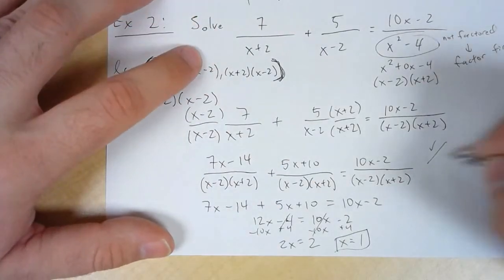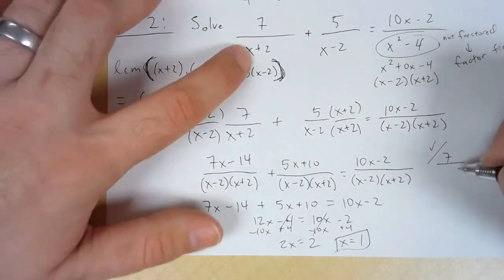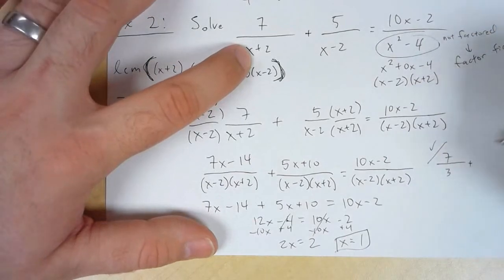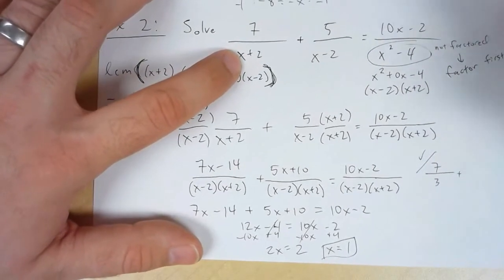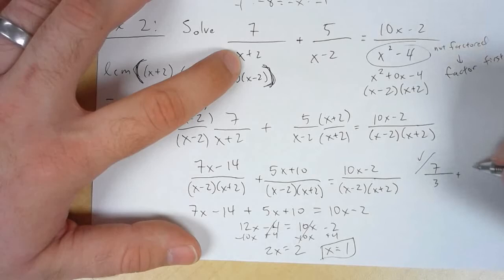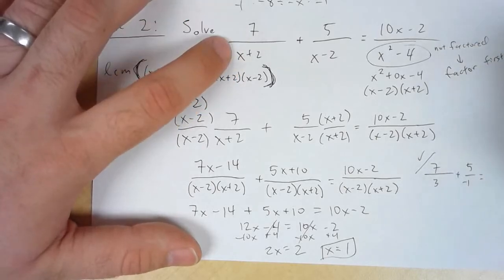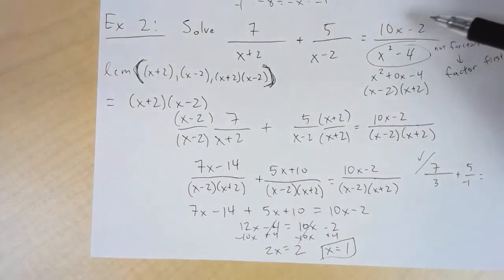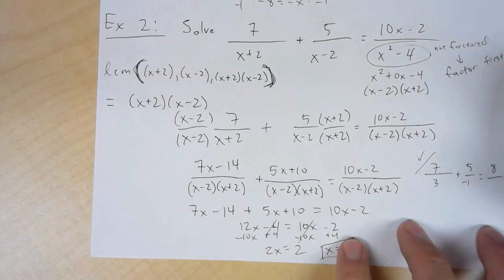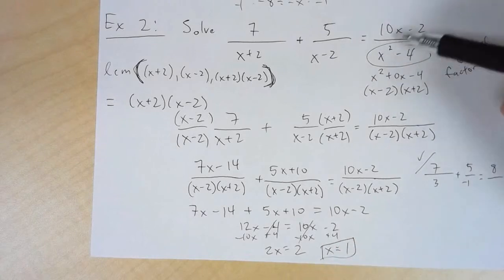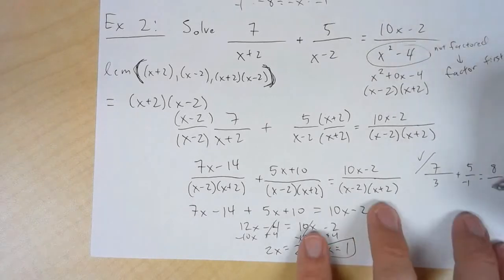So our check, we're going to have 7 over 1 plus 2, which is 3, plus 5 over 1 minus 2, which is negative 1, equals 10 times 1 minus 2, which is 10 minus 2, which gives us 8 over 1 squared, which is 1, minus 4, which is negative 3.